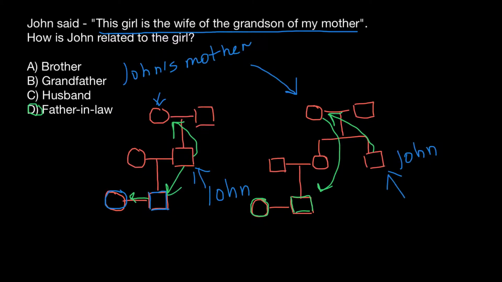Actually not, because between John and his nephew's wife there is no blood relationship, and there is no statement here which would describe this type of relationship. So we have to ignore this variant.